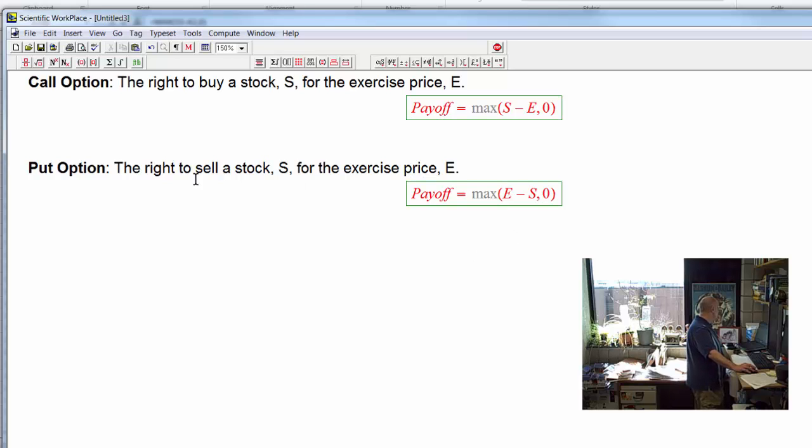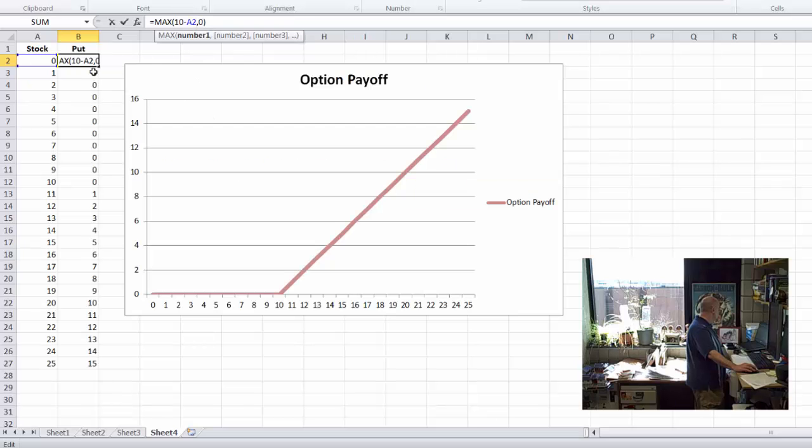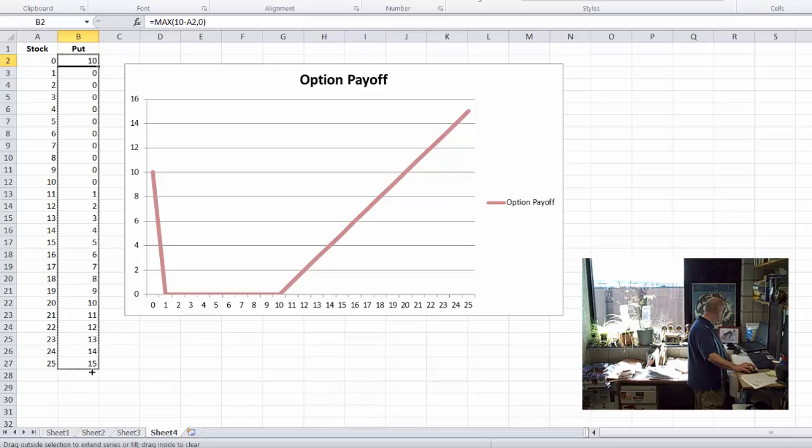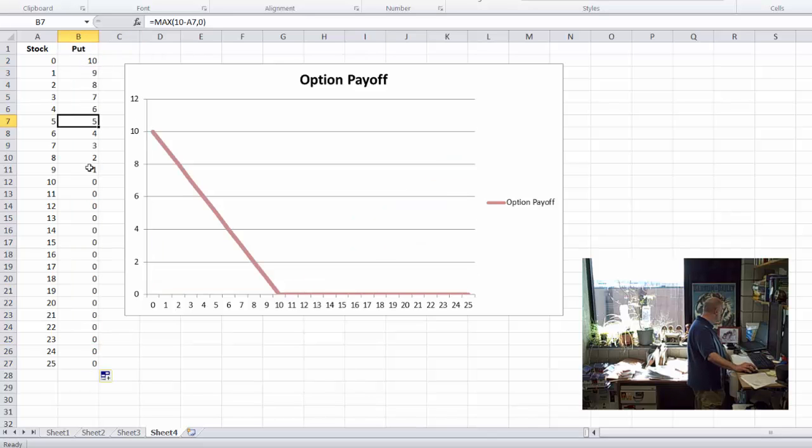So if the stock happens to be trading for less than $10, so let's say the stock is trading for $7, I can make him buy the stock from me for $10, so that's worth $3, the difference between.